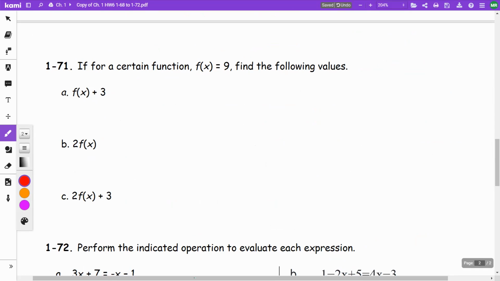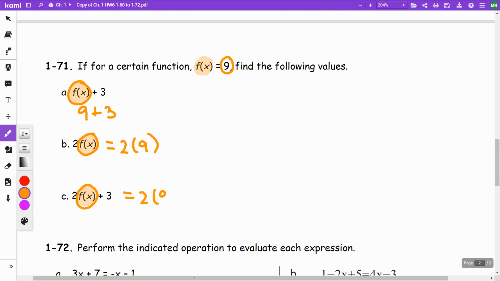So everywhere I see an f of x, in place of that, I'm going to put a 9.